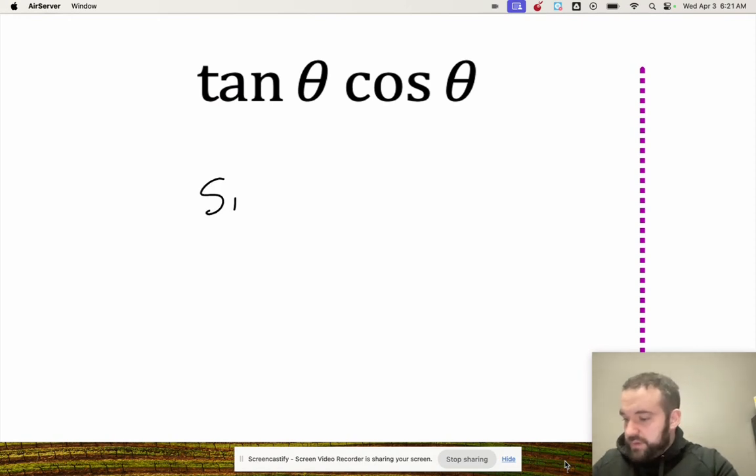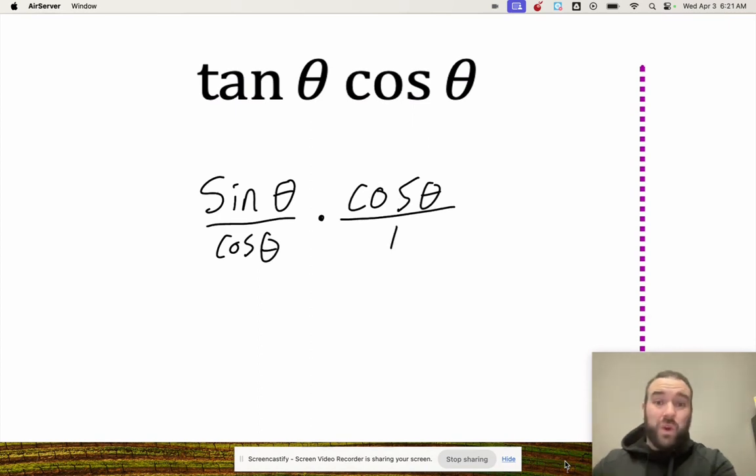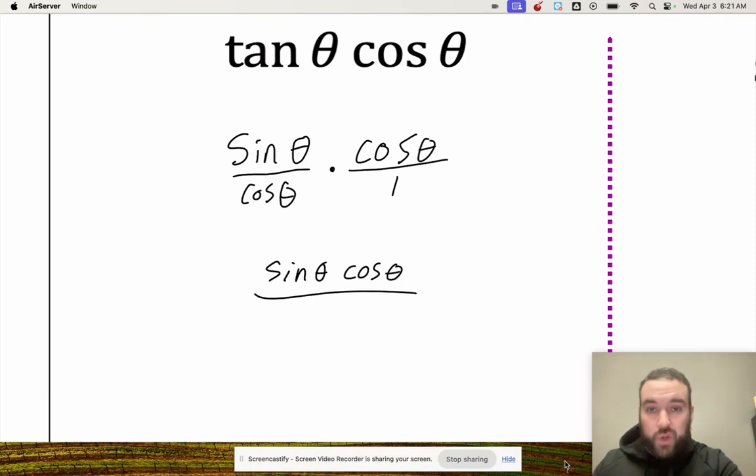So if I rewrite this as sine theta over cosine theta, that's tangent, and I multiply by cosine theta, I could make this a fraction if I wanted to, over 1. When I multiply across the top and the bottom, I'm going to have sine theta cosine theta divided by cosine theta times 1.